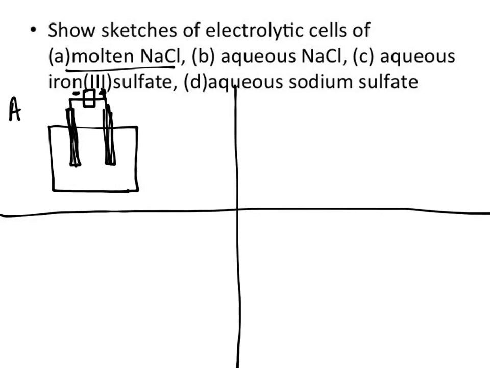So this is going to be our negative, and this is our positive. And then in here, this is molten sodium chloride. So we have sodium and chloride ions. There's no water in there.